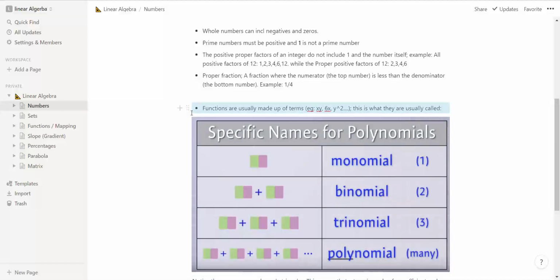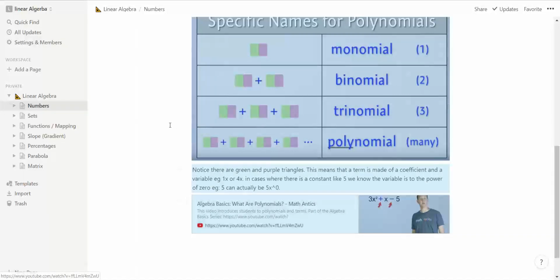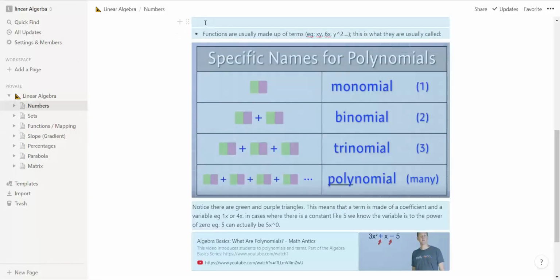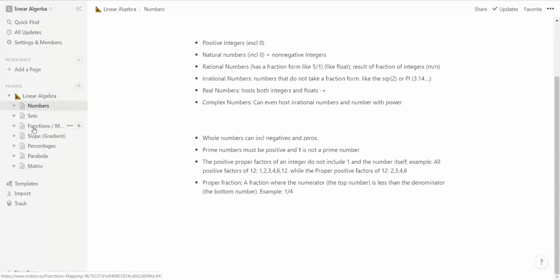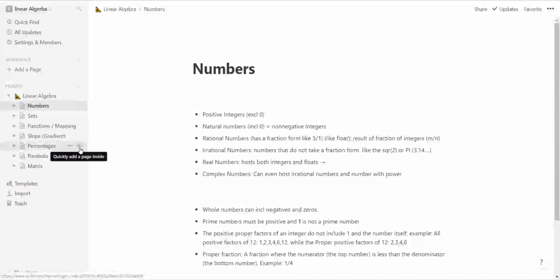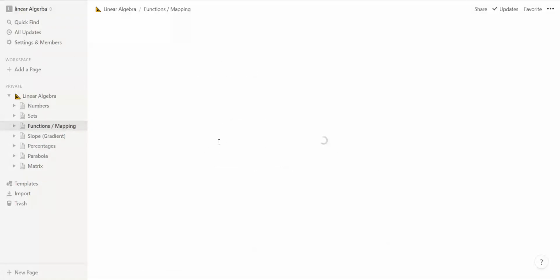I think we should move all of these to functions. I believe that's the deal. Right, so if we go to functions, we should be able to arrange everything over there.